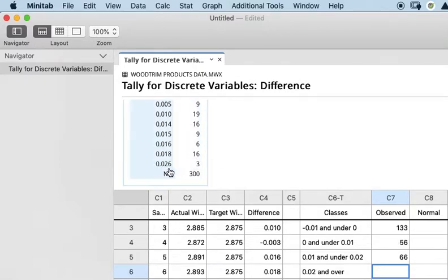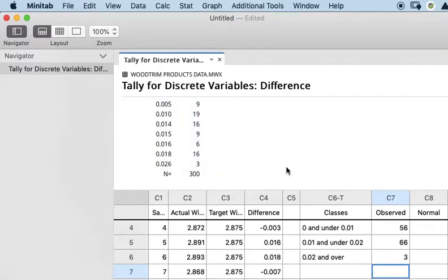And 0.02 and over is just these 3. So I'm adding those numbers together. Obviously, I did that a little bit quickly, but you just need to add the numbers or use a calculator if you would like. So that's how I get the observed column.